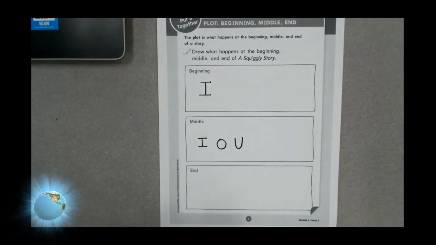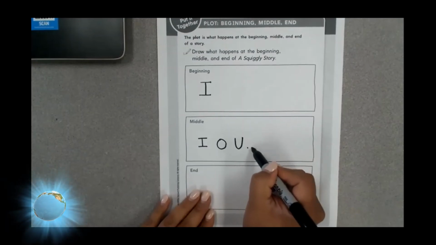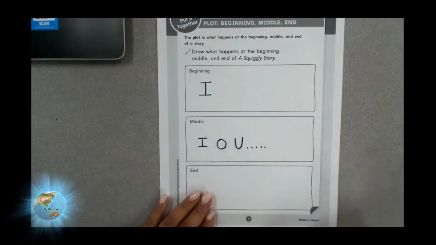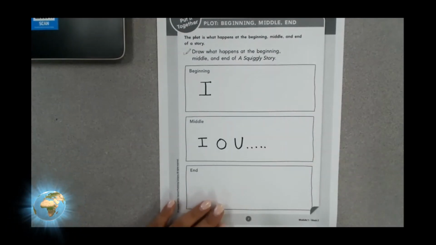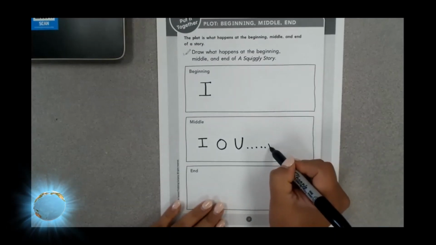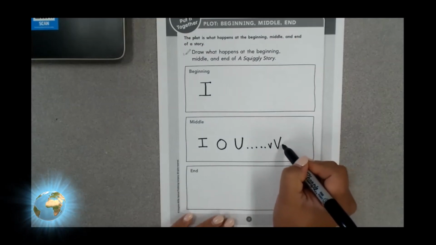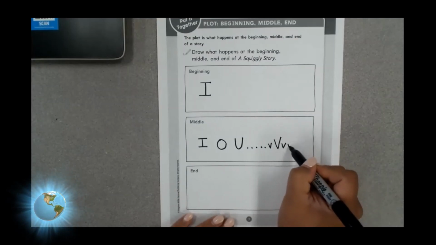Alrighty. And then he did a bunch of other letters to build the waves at the ocean. Oh, but before that, he did dots for the sand, right? And then he did another letter, the one before W. V's, little V's, big V's.